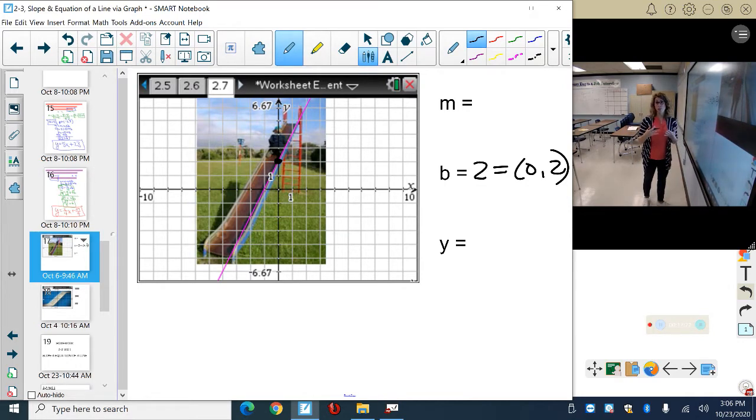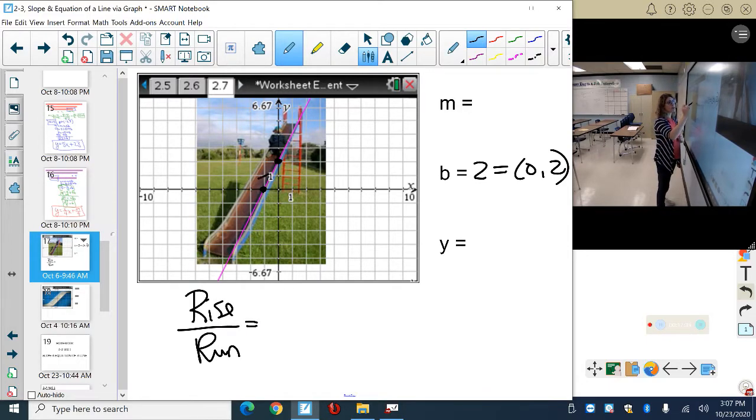Now I'm going to choose another point. And I'm going to choose this point right here because if you can find where they cross both the x and the y-axis, it makes your life so much easier to find the equation of the line. So I'm going to use this as my bottom point, and I'm going to do rise over run. So I'm rising up 2 units, and then I'm running to the right 1 unit.